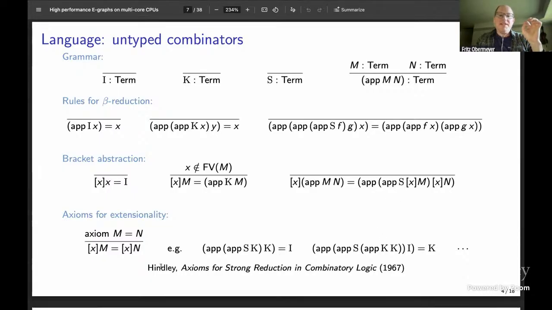Roger Hindley in the 60s published this really nice axiom schema. In the paper he talks about a particular system, but you can think of this as adding on to any combinatory language. It's a way to generate finitely many ground equations, such that if you initialize an e-graph with those equations plus the beta rules, the result obeys strong reduction, that is, it's extensional, obeying the combinatory version of eta conversion.